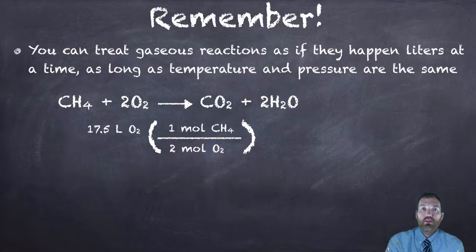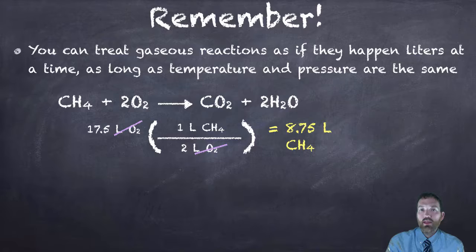STP conditions, they'll likely be. So instead of moles of CH4, we can say this reacts 1 liter of CH4. And instead of 2 moles of oxygen, we can say 2 liters of oxygen. If you want your units to be the same, they'll cancel a little nicer like this, but the answer is still the same no matter which way you do it. Again, this shortcut only works for a volume-to-volume problem, but you can use it if you'd like.